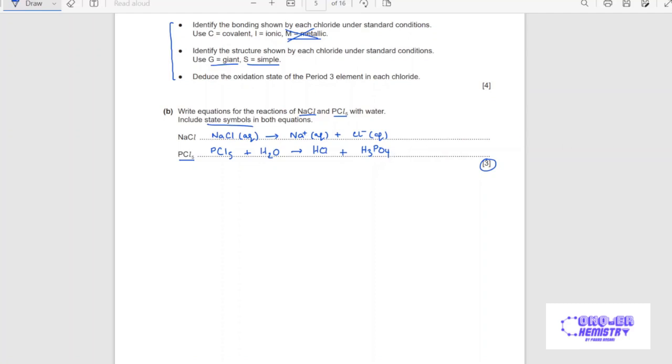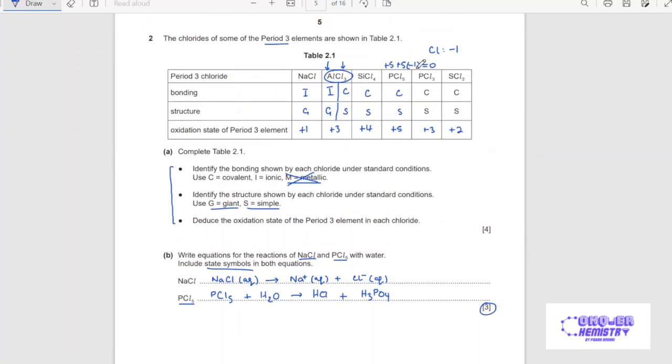Now, you might be wondering how the equation for PCl3 would be different? The difference is that PCl3 is going to produce H3PO3. That's phosphorous acid, ending with an OUS. All right. And the difference is again in the oxidation state of the phosphorus, right? As we saw in question 1, all right? Phosphorus has two possible oxidation states.